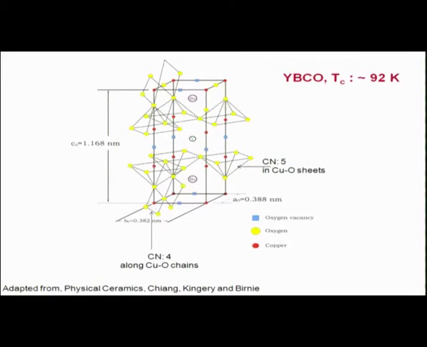So, you have 4-fold coordination, you have 5-fold coordination instead of the typical 6-fold coordination as you would have in perovskites, and it is along these Cu chains that the superconductivity prevails. So, superconductivity is along those directions. This is one interesting example of a perovskite based structure. It is not exactly perovskite because perovskite is just one unit, but it contains multiple perovskite units in it.